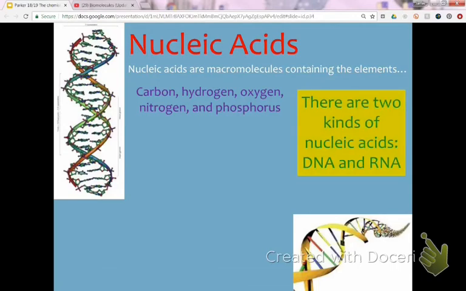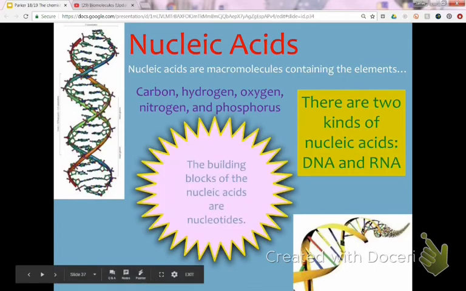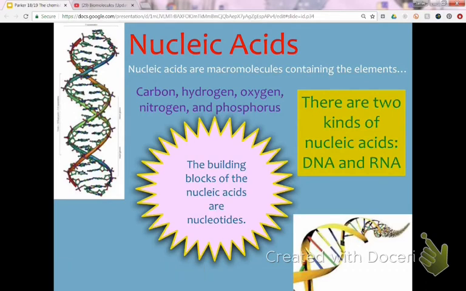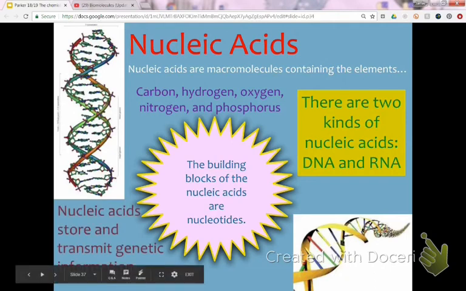There are 2 kinds of nucleic acids. They are DNA and RNA. And the monomer which makes up these nucleic acids is called a nucleotide. Nucleic acids store and transmit genetic information.